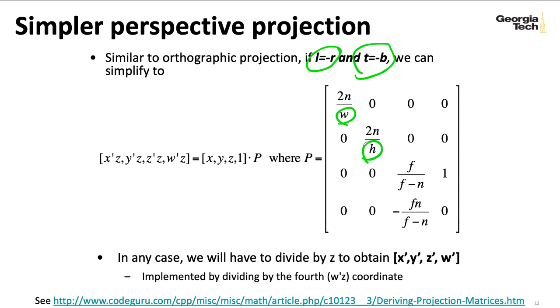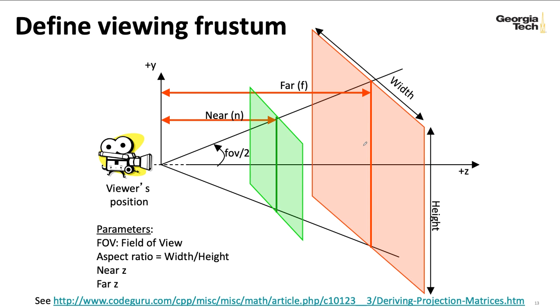But even then, expressing things in terms of W and H is usually not how these kind of matrices are expressed. Usually there's a field of view that's expressed in either radians or degrees, usually degrees, from the point of view of, say, your level designer who's deciding how to set up the camera. This field of view is defined in this vertical direction here, and then there's an aspect ratio that you define in order to define the width.